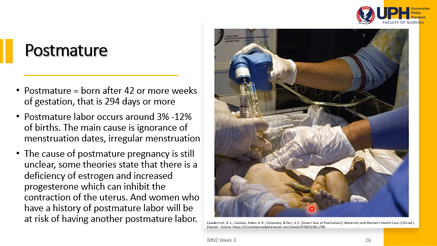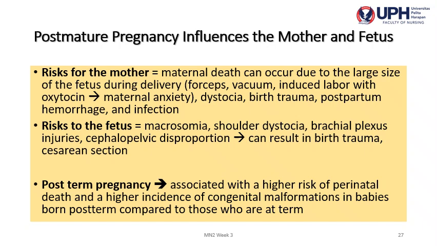And this is the condition of a postmature baby who is probably soaked in amniotic fluid with meconium and probably also has problems in breathing. And the postmature pregnancy actually influences the mother and fetus.